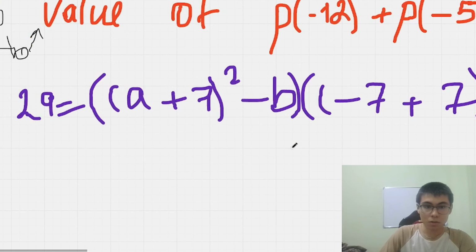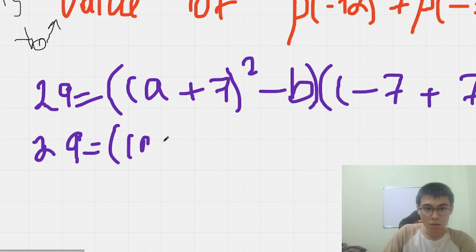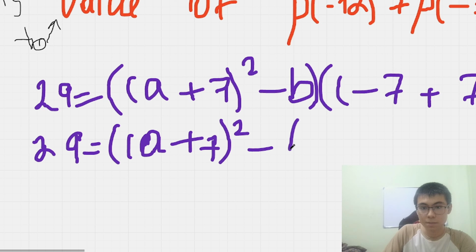So here I'm going to write 29 equals a plus 7 in the power of 2 minus b.